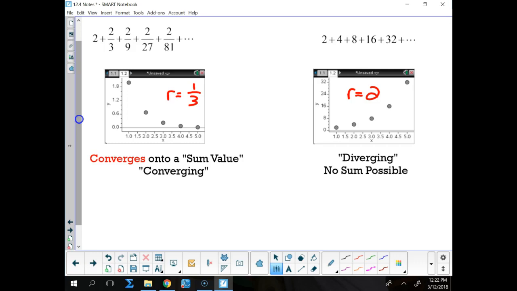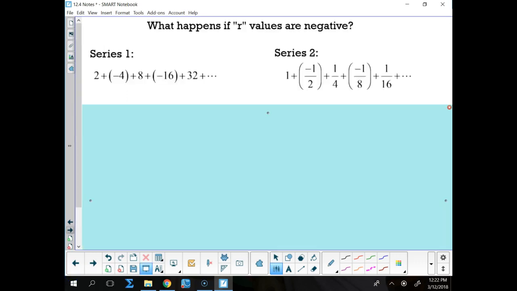Okay. What about if R is negative? Series 1, series 2. What can you tell me about those now, other than the fact that R is negative?